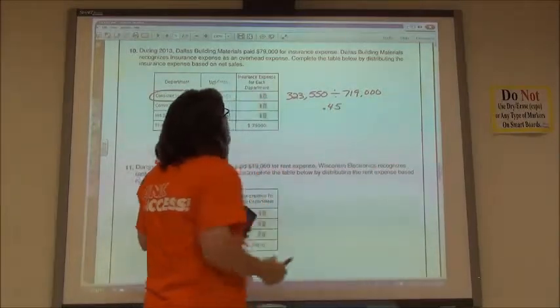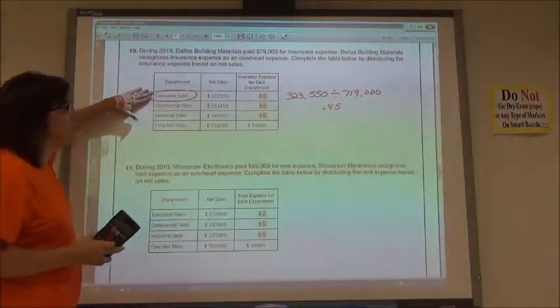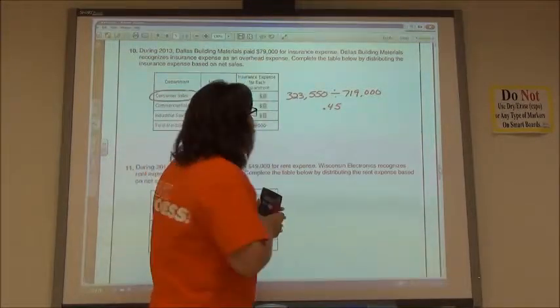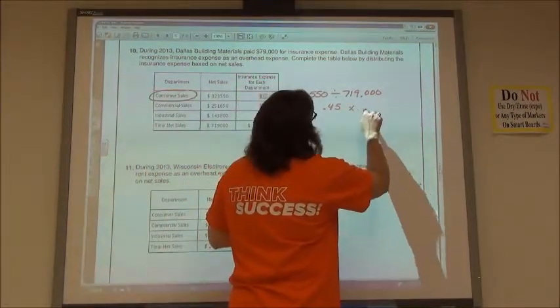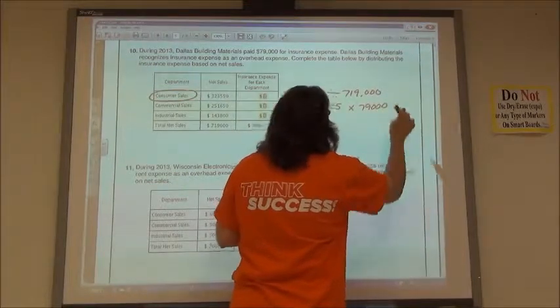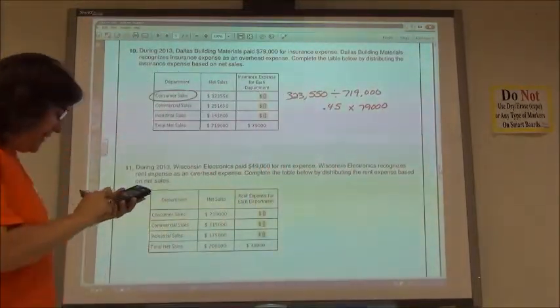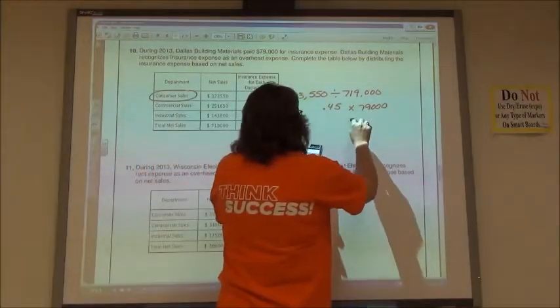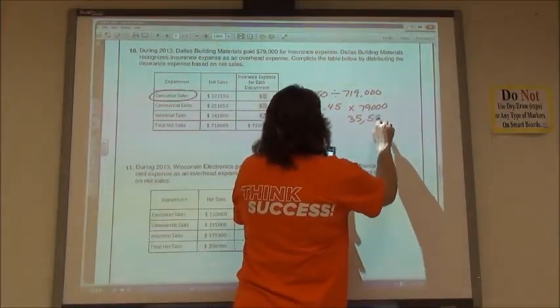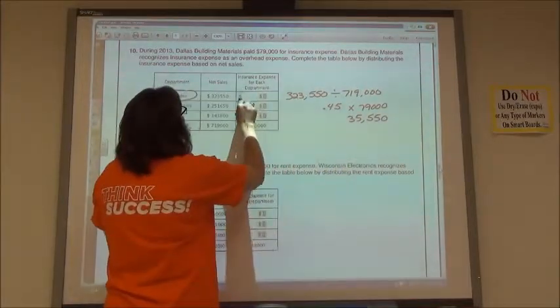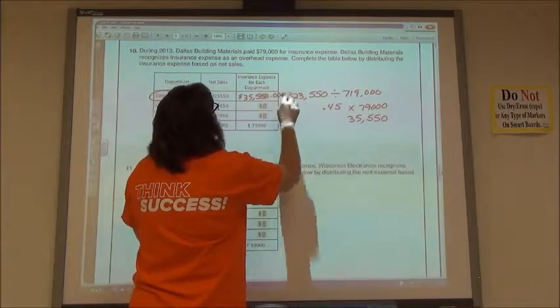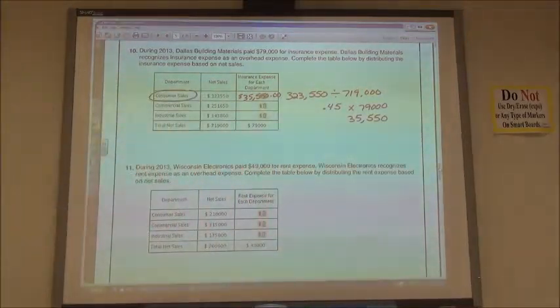So 45% of our sales were consumer sales, so 45% of our insurance expenses is how we're going to divide that up. So 45% of 79,000 gives us 35,550. So $35,550 is the amount that we are going to bill the consumer sales.